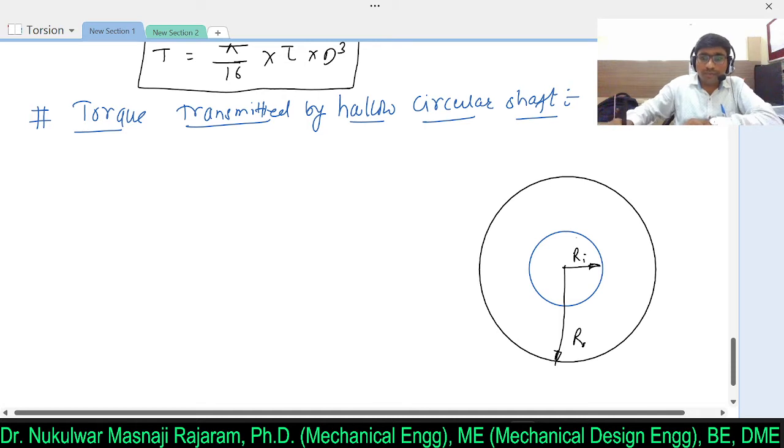Clear? Now what we will do, we will consider again one elementary strip over here. Consider this is circular. Clear?